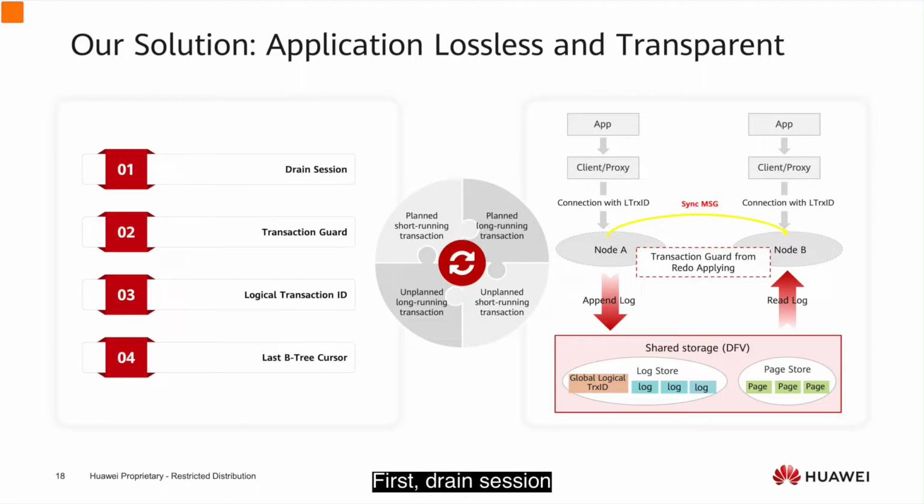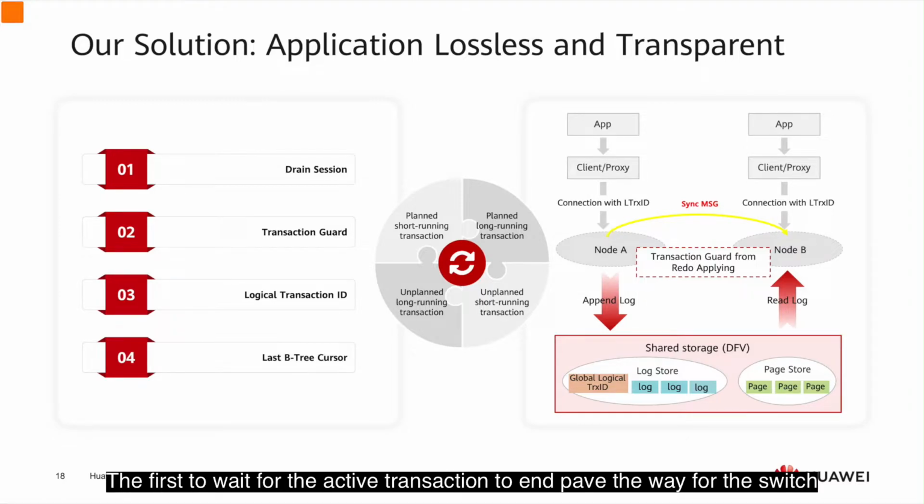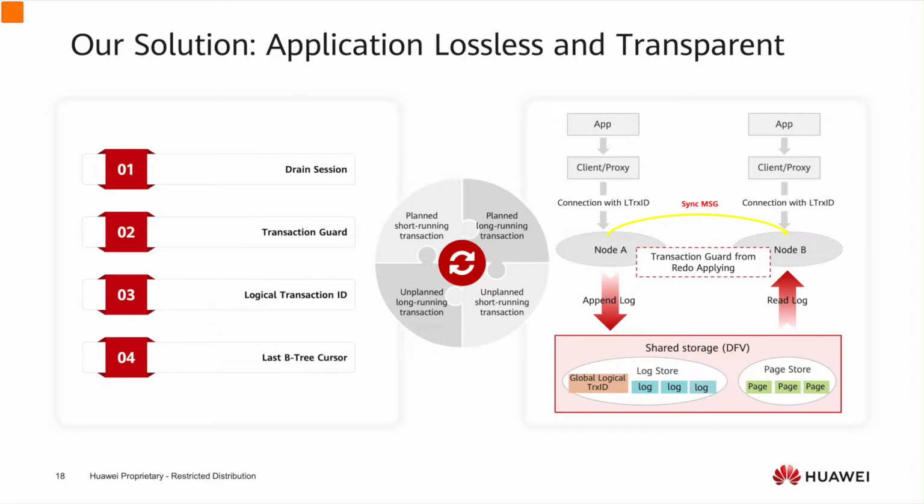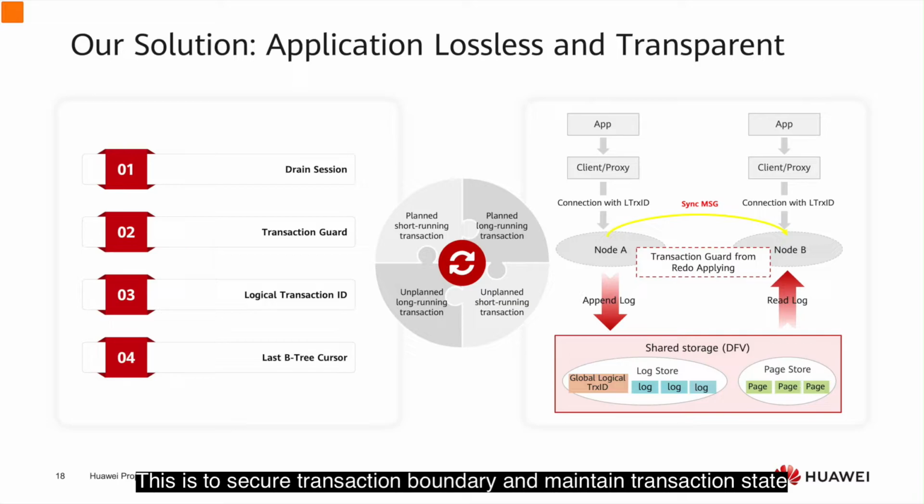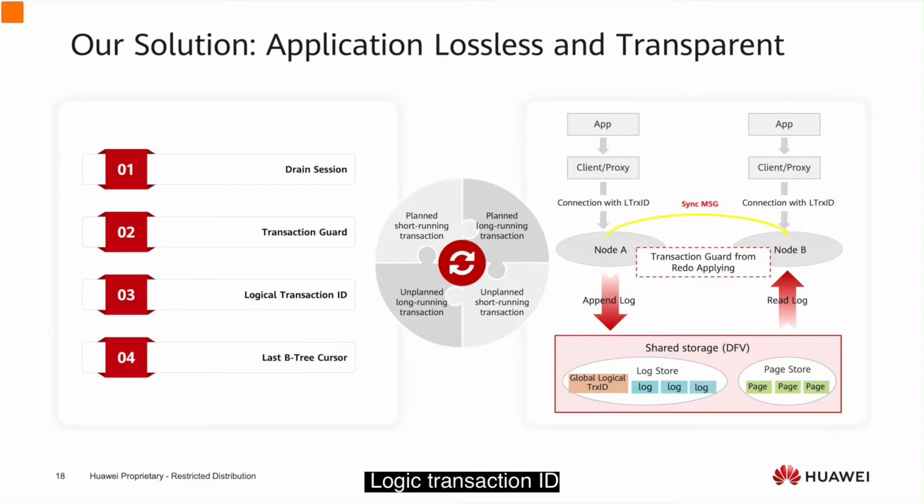First, drain session. This is to wait for the active transaction to end, paving the way for the switch. Second, transaction guard. This is to secure the transaction boundary and maintain transaction state, which needs to be synchronized from the source node to the target node. Third, logic transaction ID.